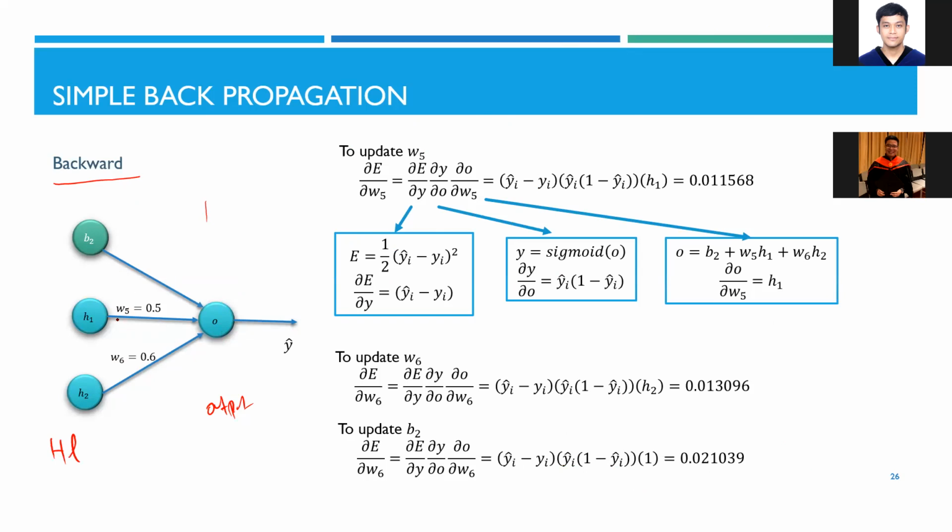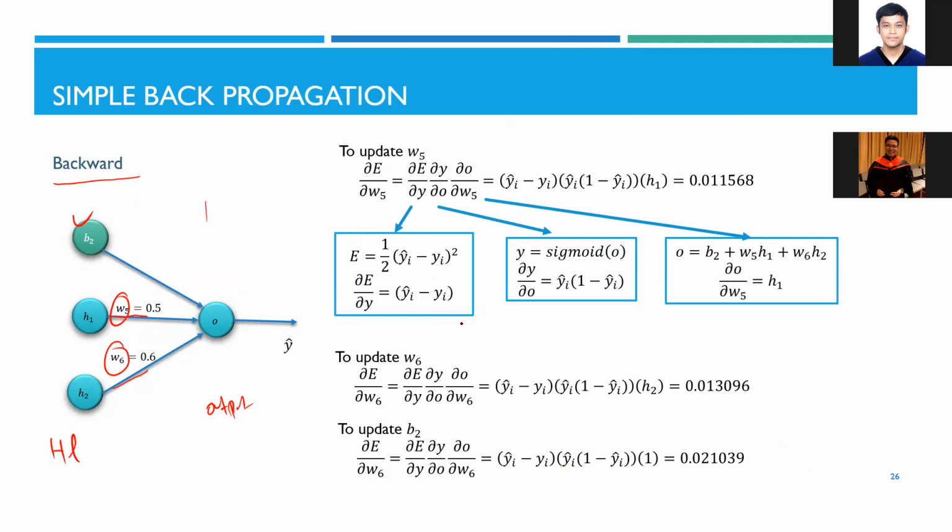We have weights here, W5, and we have also the next weight, W6. So this is what we are going to update: the bias, the weights W5 and W6. Okay, so start from the weights first because it's easier.